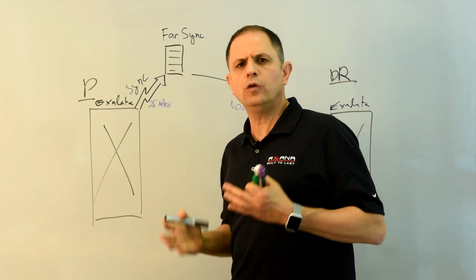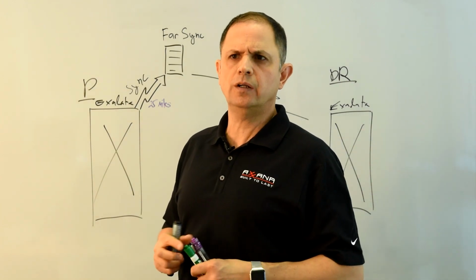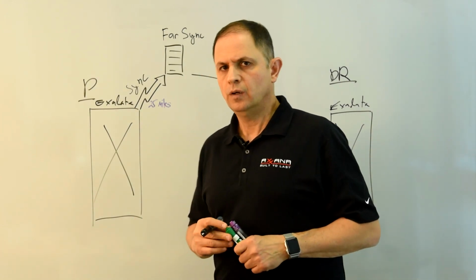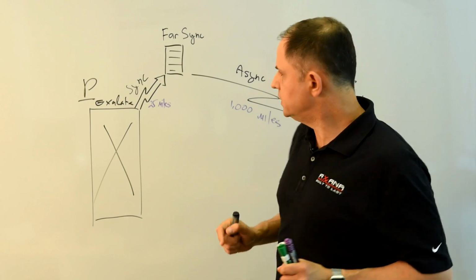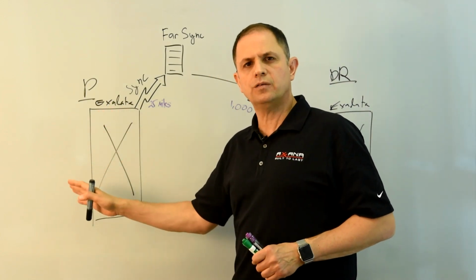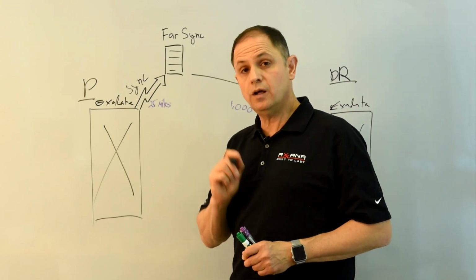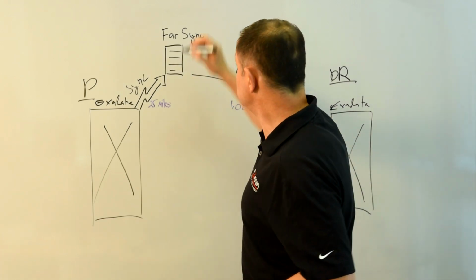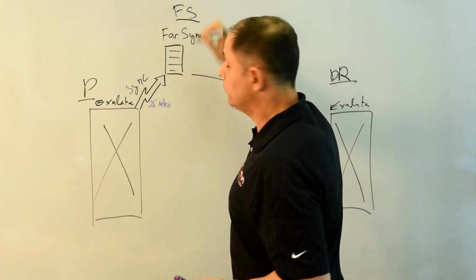What FarSync is, is not a full database instance. You can look at it as a pass-through. FarSync utilizes synchronous replication from the primary data center to another facility. Let's call it the FarSync facility.